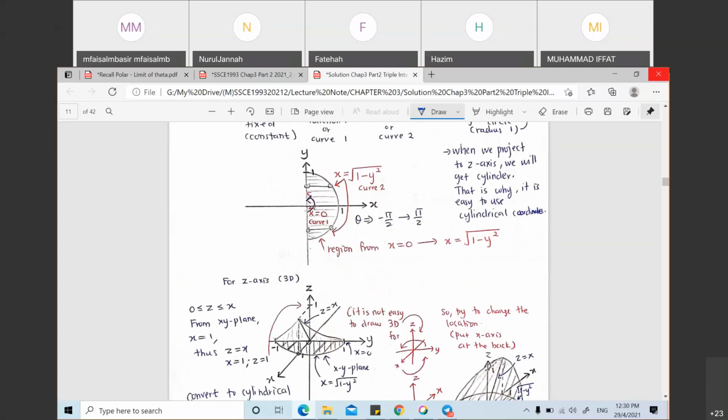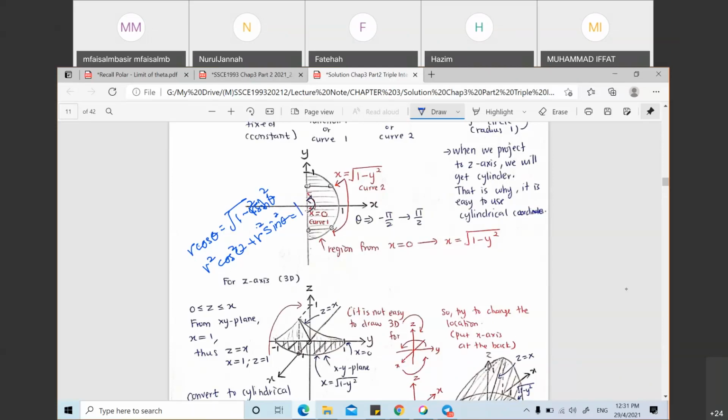If I do some calculations, r sine theta squared, then I will square both sides, I get r squared cos squared theta plus r squared sine squared theta equals 1. Oh, sorry, this is 1, right?